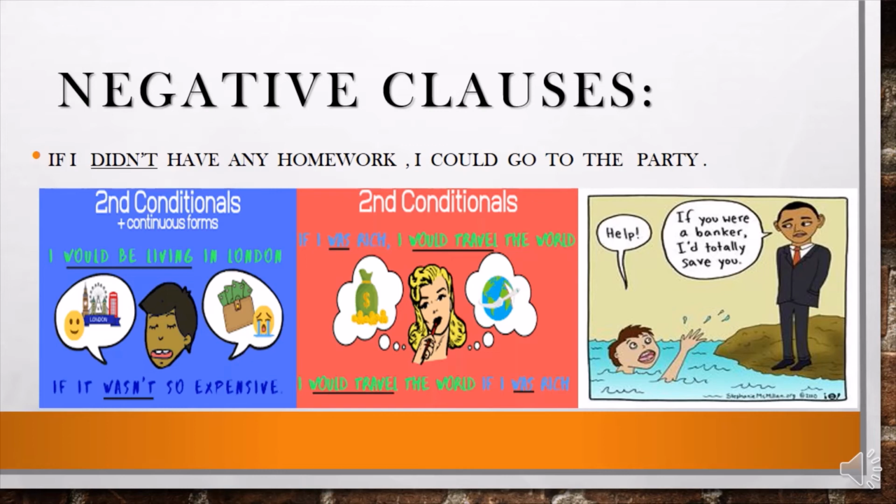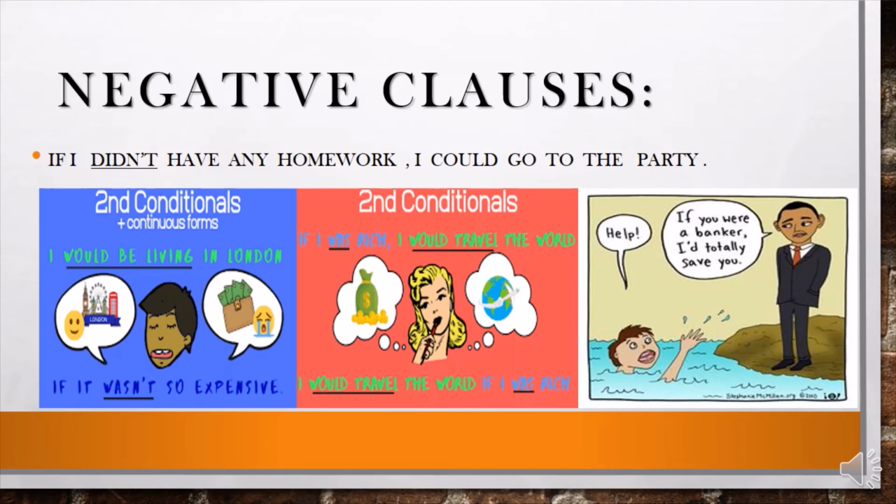Why is living used here? Because after be we have to use ing with the verb. If you use the past participle form after be, you will be in trouble. So in this case, if you are going to use be after would, you have to add ing.